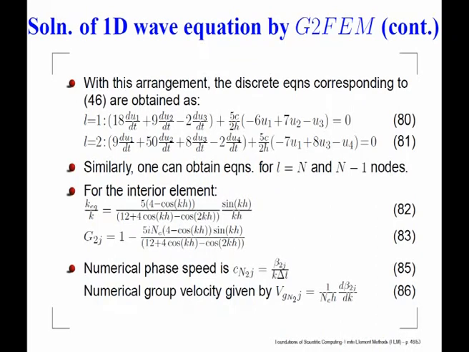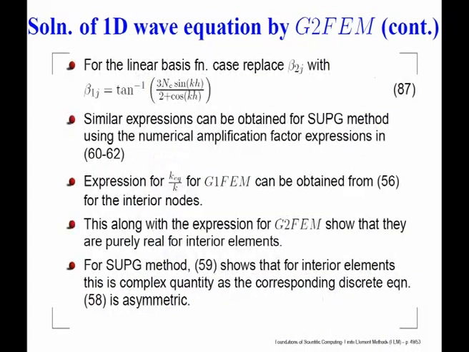However, having obtained that G here, you have the real part and the imaginary part. You can calculate the numerical phase speed by this expression. What is beta 2j? Beta 2j is tan inverse of G imaginary by G real, right. That is what you are going to see. Since G real is 1, this itself is going to define your beta 2j, and you can calculate the numerical velocity like this.